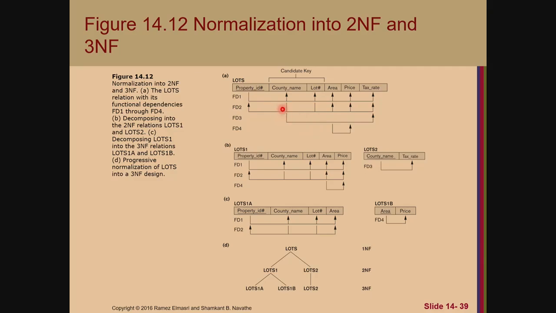And also the second functional dependency, country name and lot number, both of them together can be a key also, because both of them can determine the remaining attributes. So this one can also be a key, but we do not select it as the key, so we call it just a candidate key. If we select property ID as the primary key, country name and lot number become a secondary key.